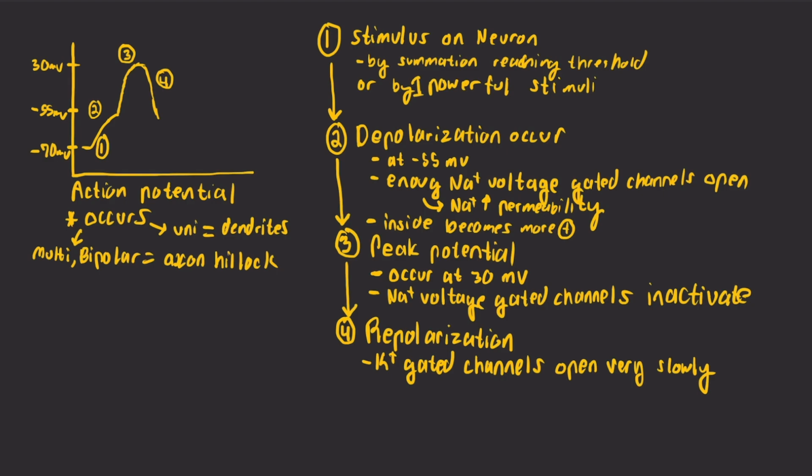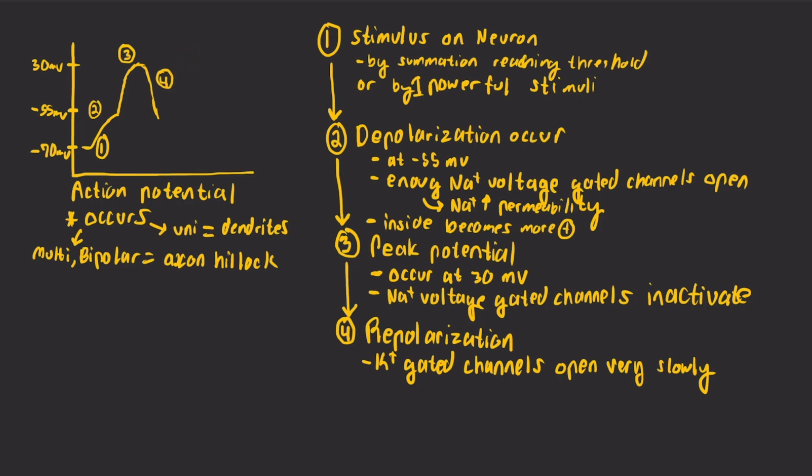you're going to see the neuron becoming negative again, as these potassium ions, as we know in a resting membrane potential, will leave the neuron, making the neuron more negative. Because remember, the potassium are positive charges. Now that these positive potassium ions are leaving, the neuron becomes more negative again, as we can see here in repolarization.